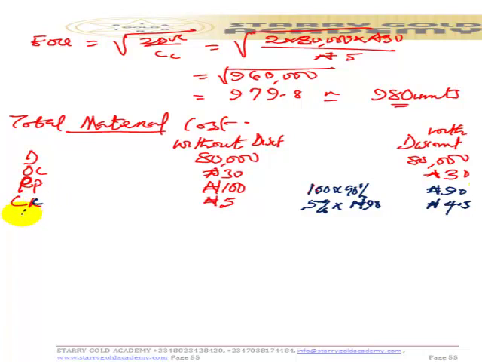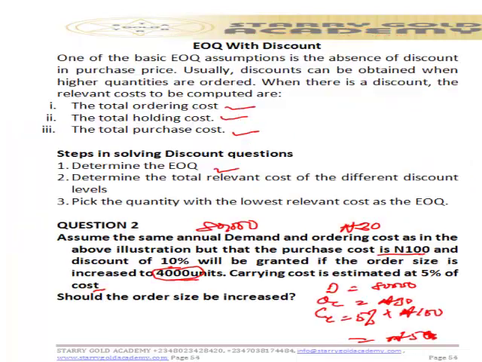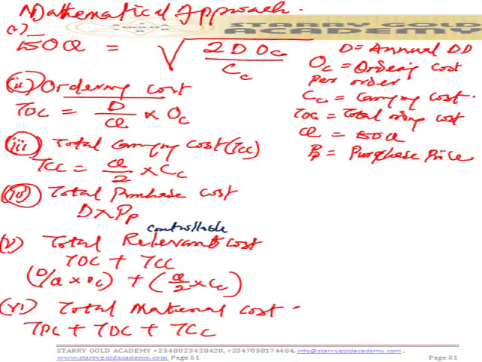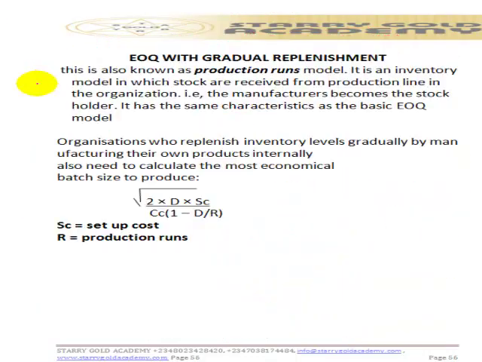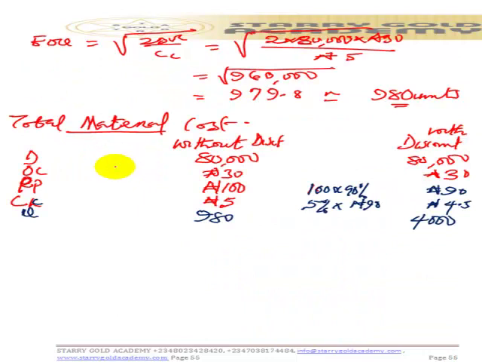Then the quantity. If there is no discount, the company will order 980. But to enjoy the discount, the company must order 4,000 units. Then we can do our cost. Remember, I told you that our total material cost is the total purchase cost, total carrying cost, and total ordering cost.